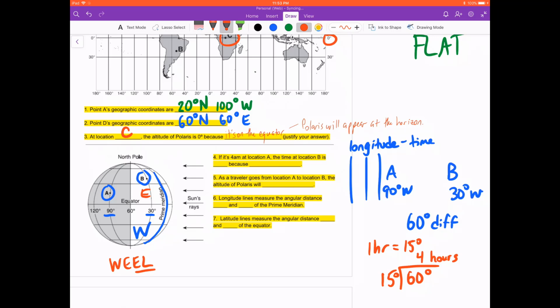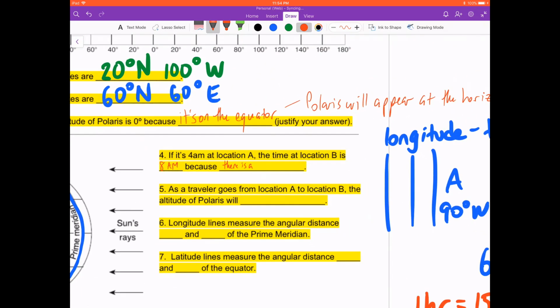So because it's east, it's going to be later, and 4 hours later than 4 a.m. is 8 a.m. So I'm going to write that down over here. It must be 8 a.m. at location B because there is a 60-degree longitude difference.